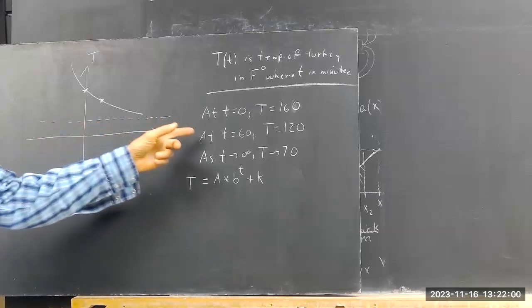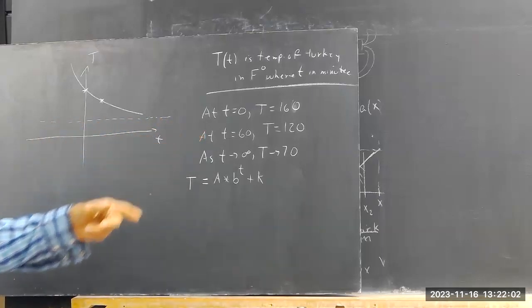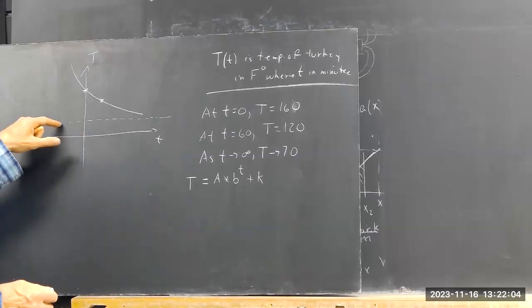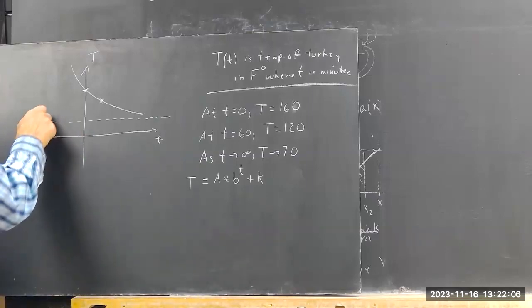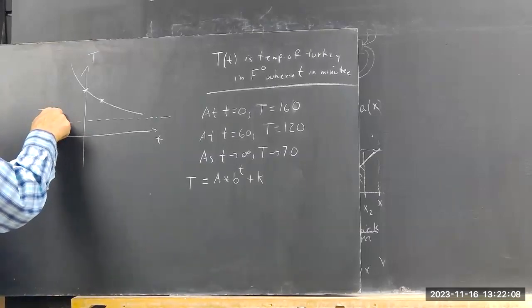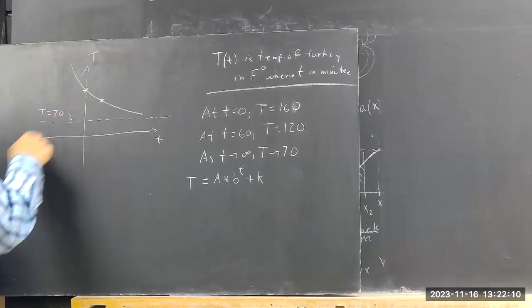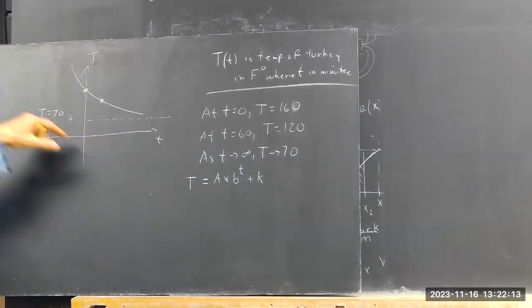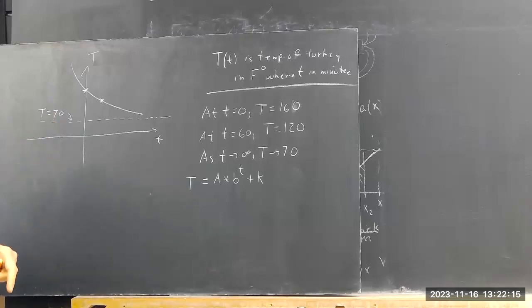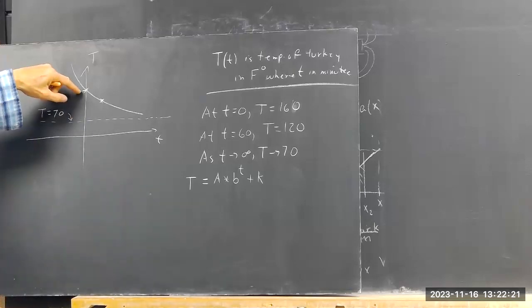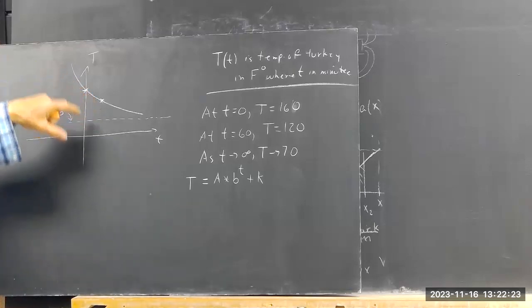It's going to approach this asymptote, which is a line where big T equals 70. Make sense?